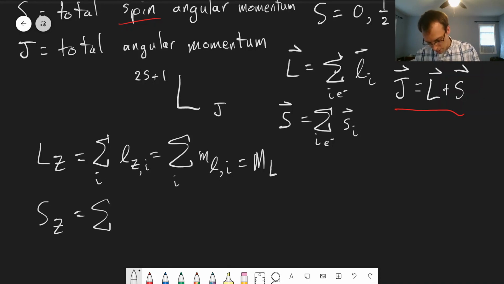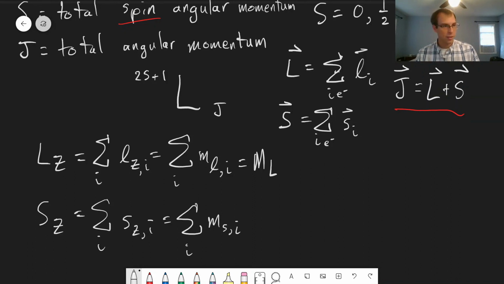We can add up all the different s sub z values for all of our different electrons. Same thing, and this will be just the m sub s values, the plus or minus a halves, and then we'll get a capital M sub capital S for our different z components.